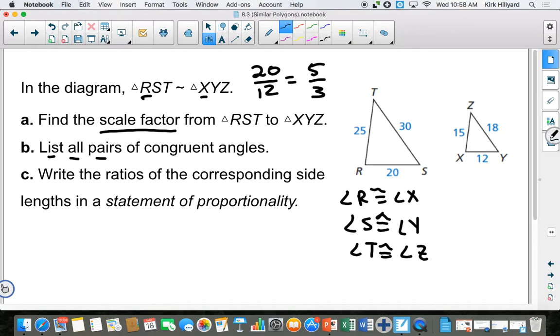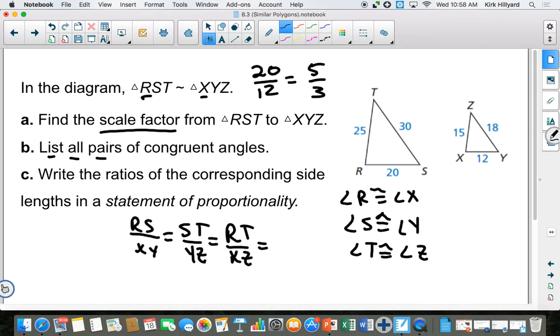And then C, write the ratios of corresponding side lengths in the statement of proportionality. Okay, so I guess we can write RS is to XY, ST is to YZ, and RT is to XZ.